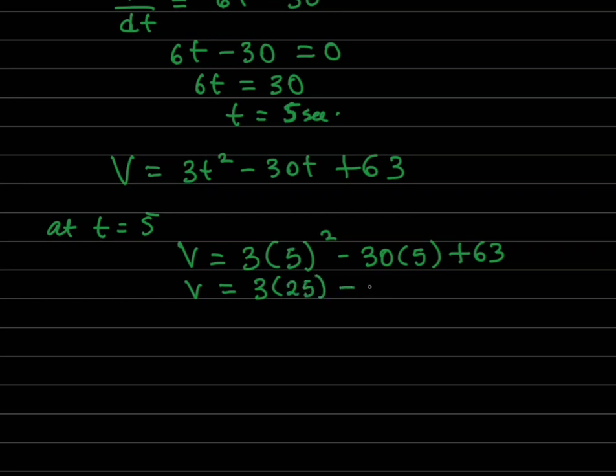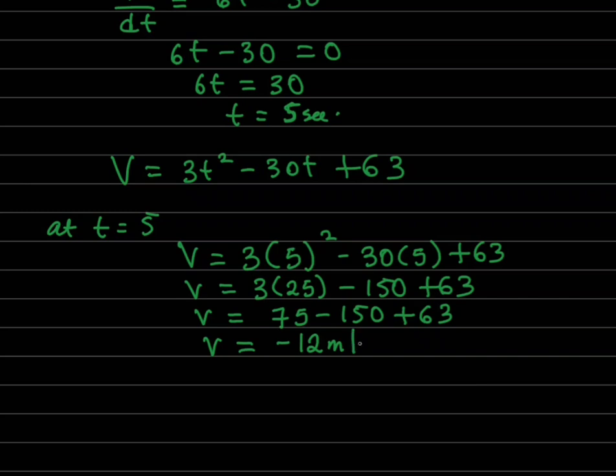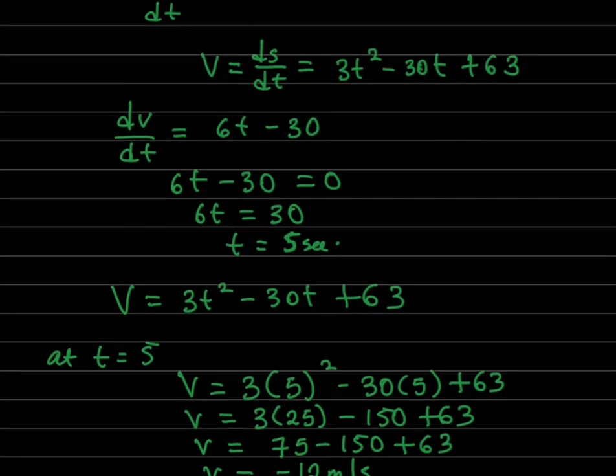Then minus 150, then plus 63, which v is actually 75 minus 150 plus 63. So the velocity will be equal to minus 12 meters per second. So we've actually ended the question, which we've been given to answer.